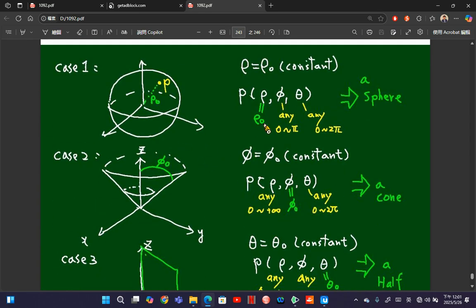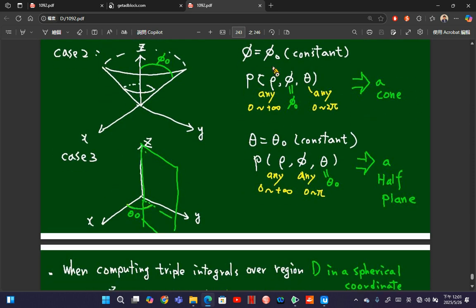Again, if we simply say rho is equal to rho 0, this is an equation in the space, and theta and phi can be any value. So finally, it will be represented as a sphere.